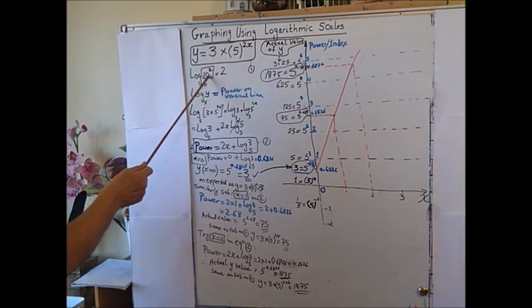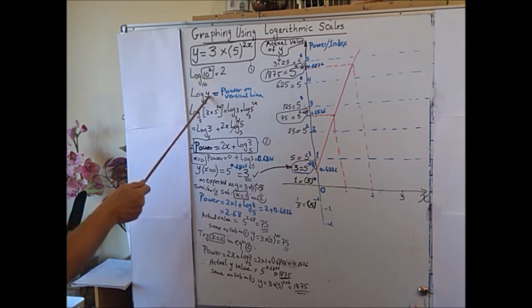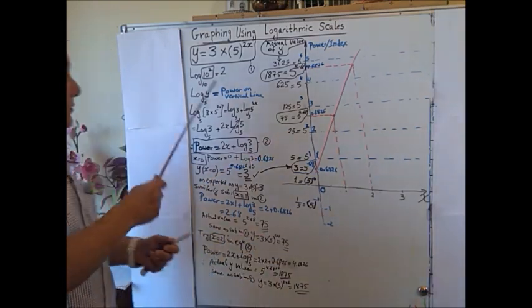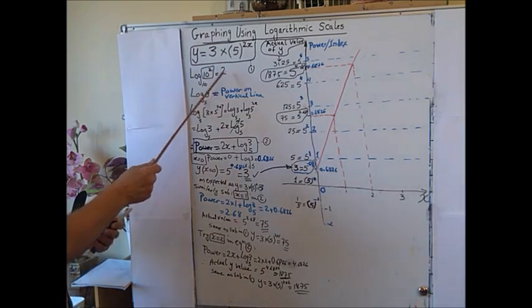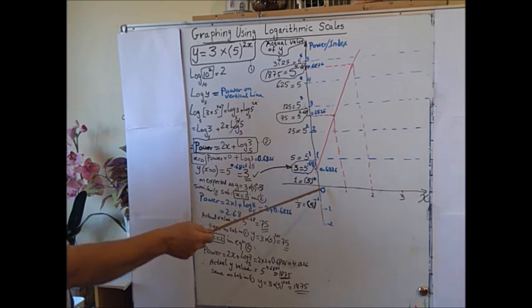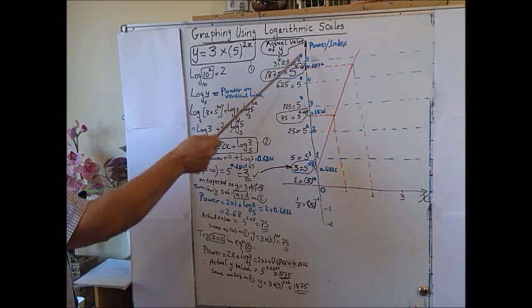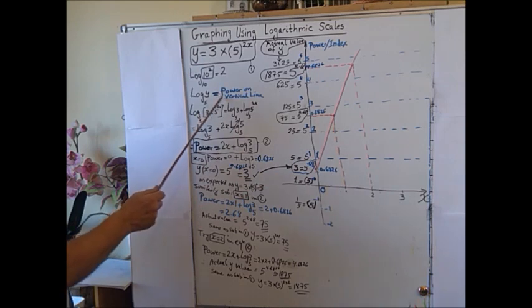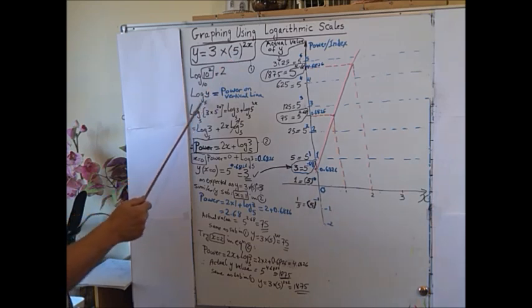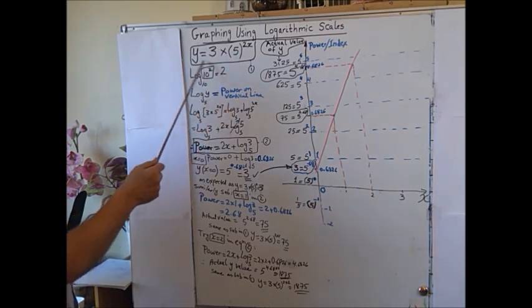This log base 10 is just an example to remind you of the relation. So to find the power on the vertical axis, where we have 0, 1, 2, 3, these are the powers, we say log of y, base 5, will give you the power.